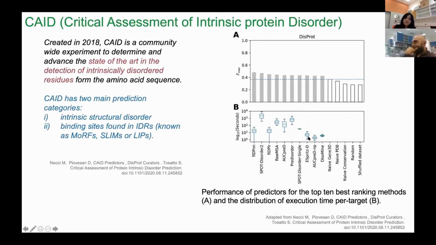So for example, you have very fast disorder predictors like SPOT-Disorder, and also you have less fast predictors. So we really recommend that you visit this page.